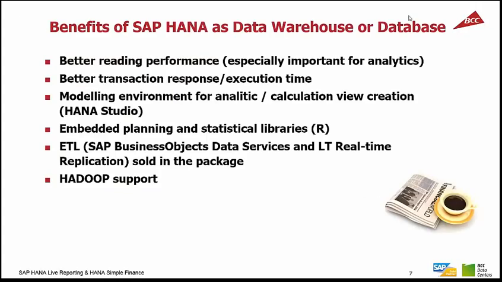When SAP HANA is used as a database, then we profit from better reading performance, which is especially important for analytics, and sometimes the speeding up of reading data is up to 1,000 times compared to a standard database. Better transaction response or execution time is also observed when using HANA as a data warehouse or database.